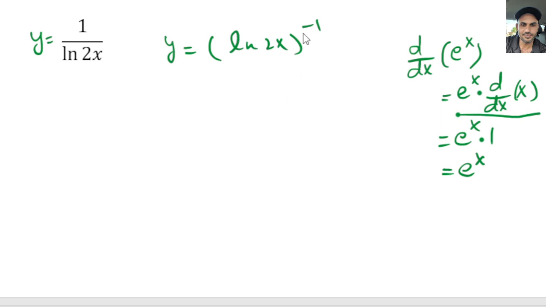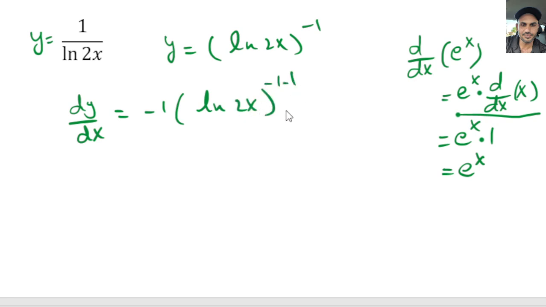So now let's apply the power rule here. dy over dx equals negative 1 times ln of 2x to the negative 1 minus 1, times d over dx of ln of 2x.